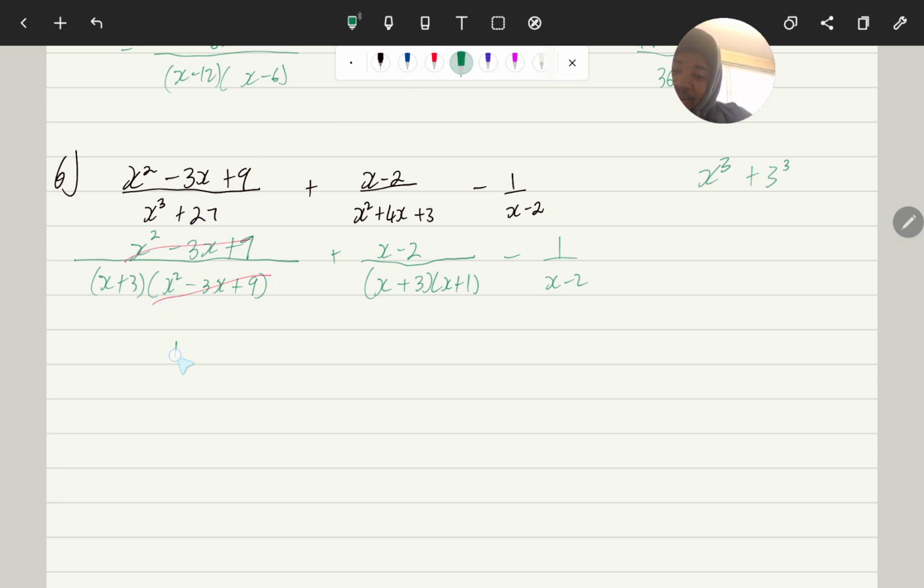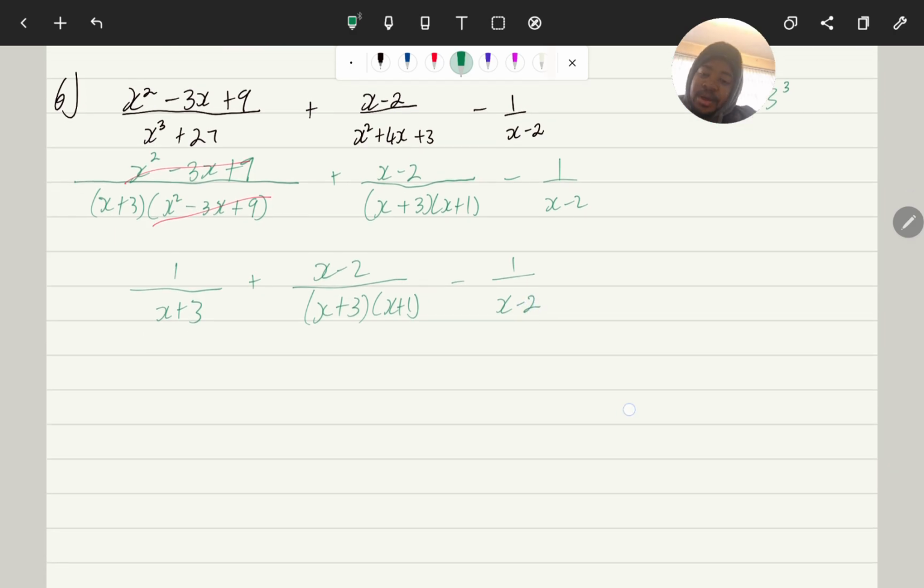You have 1 over x plus 3, plus x minus 2 over x plus 3 times x plus 1, then minus 1 over x minus 2, right?